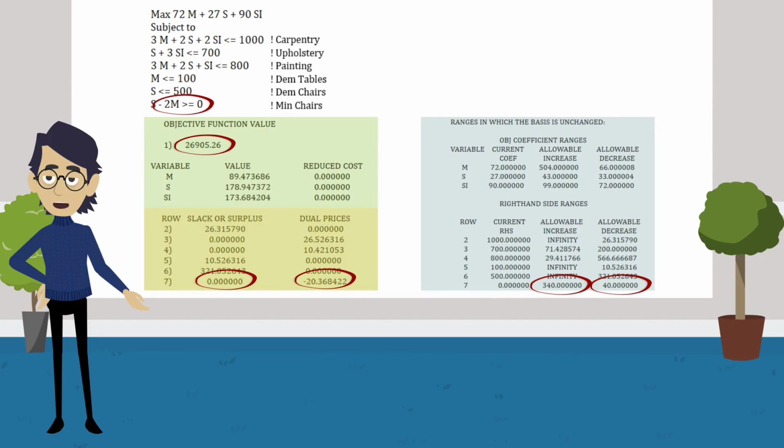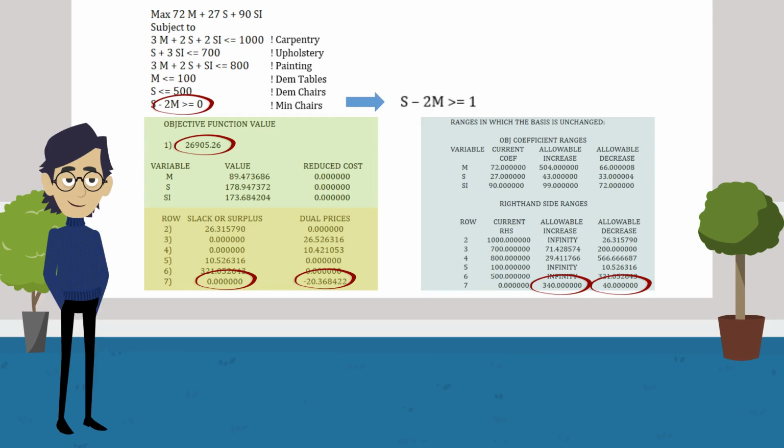If the constraint said that the number of chairs has to be 1 unit more than the number of tables, then the constraint would change to the following expression. The value of 1, that now appears on the right-hand side, must be interpreted as the resource having increased by 1 unit.